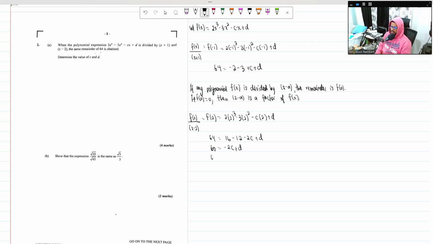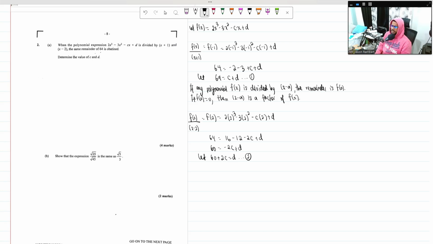Let me move the minus 2c now. 60 plus 2c is equal to d. I'll fix now the top one: 64 plus 2 plus 3 is 69. So I'll get 69 is equal to c plus d. I will let this be 1 and the other 2. However you want to line them up, you could rearrange them.